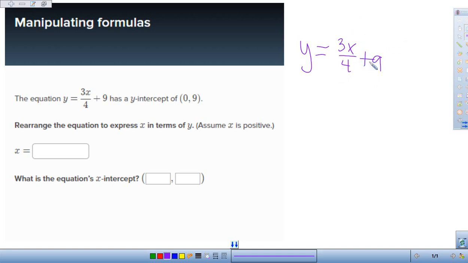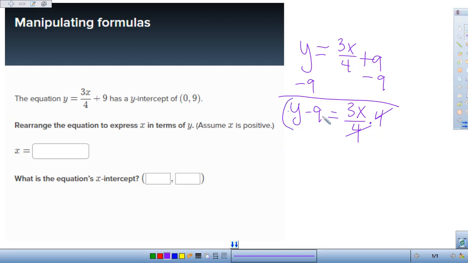So what's the opposite of adding 9? We would subtract 9. So we take away 9. So that gives me y minus 9 equals 3x over 4. And then I would multiply by 4 to get that to go away. And when I multiply this, I have to multiply this whole side by 4 and distribute it in. So I get 4y minus 36 equals 3x, right?